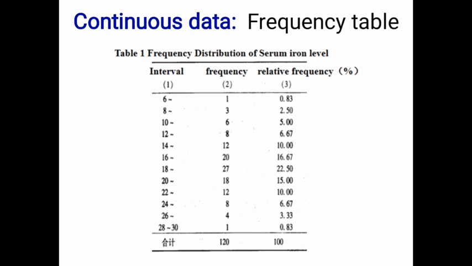Just like this table. The first column displays different intervals. The second column displays the frequency of each interval. Now, the third column displays the relative frequency of each interval. The key step to construct such a table is to subdivide the observations into different intervals.